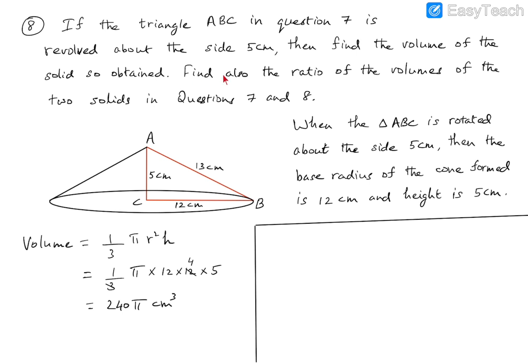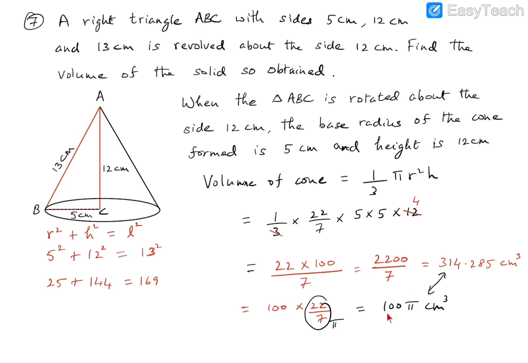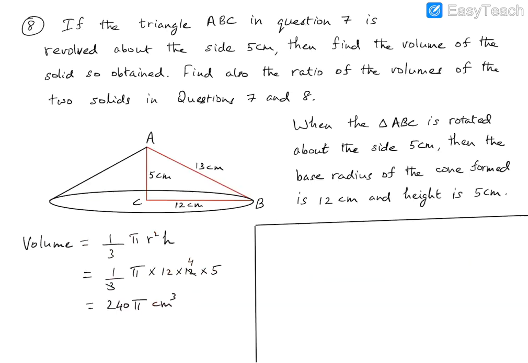Now the final part of the question is we are asked to find the ratio of the volumes of the two cones obtained in question 7 and question 8. In the previous question, we had the volume value as 100 pi centimeter cube, and the volume here is 240 pi centimeter cube. So we'll calculate the ratio now.